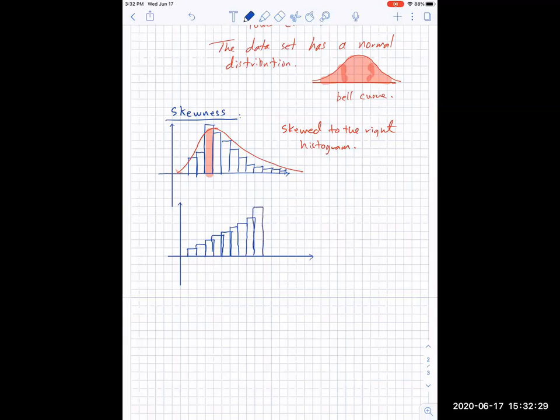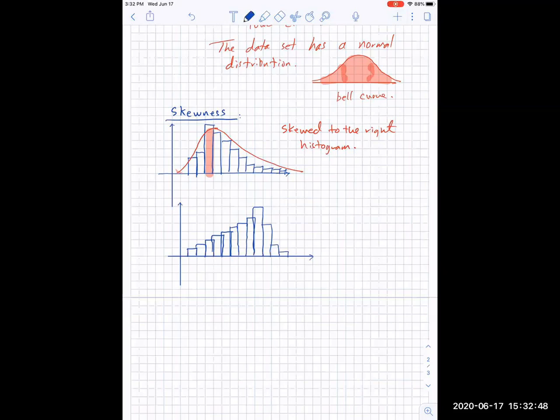We reach the highest bar, and then after we reach the highest bar, quickly the bars go down to low frequency, a very fast drop in the bars.